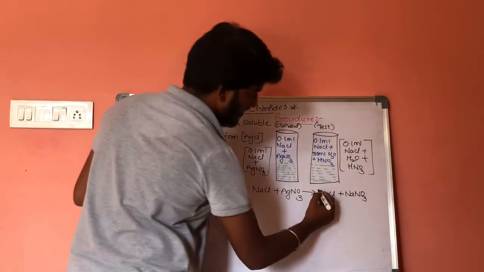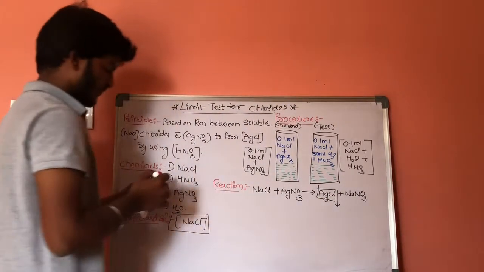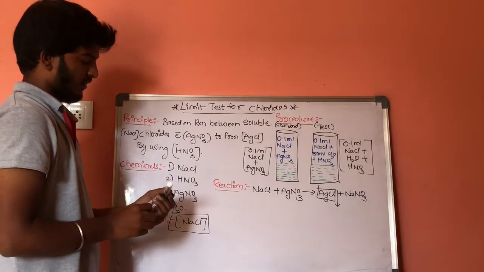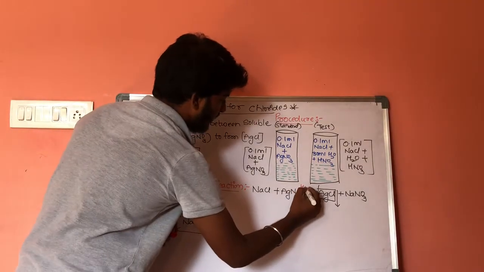This AgCl which is formed will be in precipitated form in presence of nitric acid.